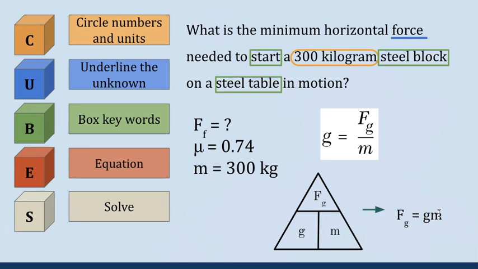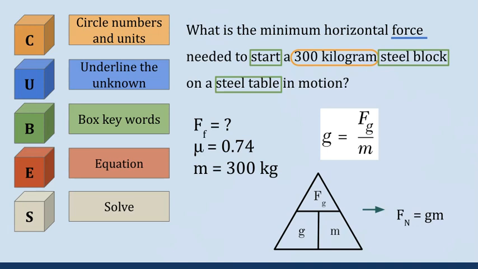So one way that I could solve this problem is first solve for the force of gravity, and then plug that into my friction equation as Fn. But I want to show you another way to solve the problem, which is actually combining two equations. So once we know that Fg equals gm, we also know that Fn is equal to gm.